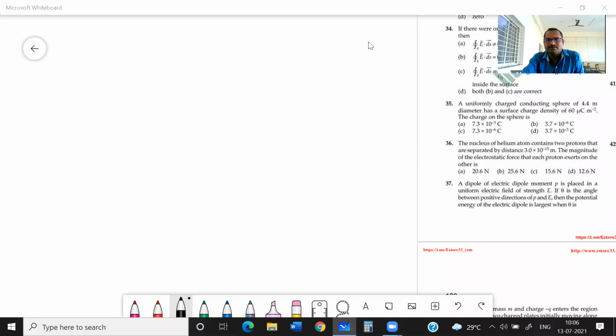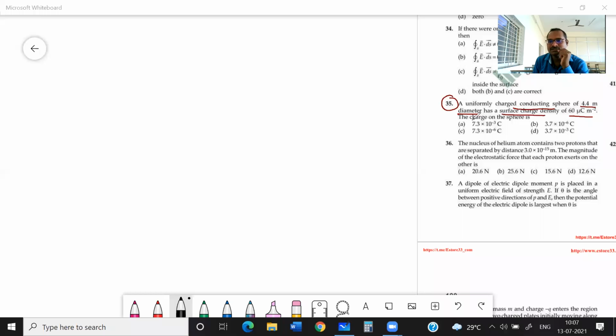Students, see here in question number 35, what they have given is a uniformly charged conducting sphere. It is a conducting sphere of 4.4 meter diameter, with a surface charge density of 60 microcoulomb per meter square.